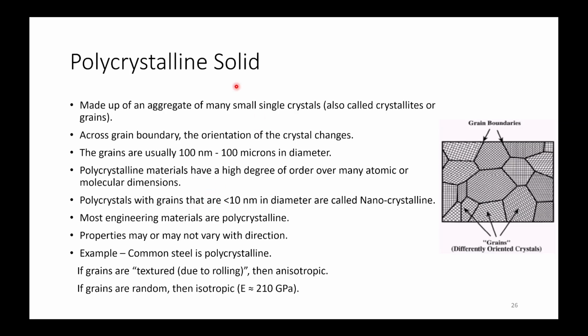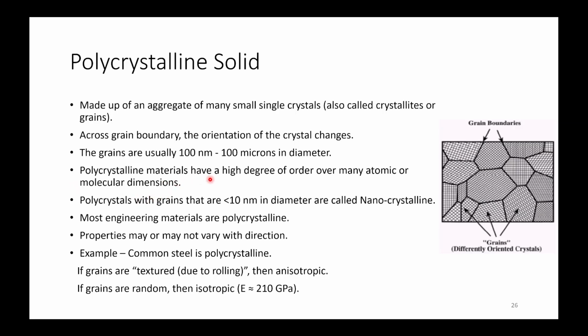Now polycrystalline solids are made up of an aggregate of many small single crystals, also called crystallites or grains. These are different grains which have different orientation, and at a grain boundary this orientation changes. Across the grain boundary the orientation of the crystal changes, and the grains are usually 100 nanometer to 100 micron in diameter. Polycrystalline materials have a high degree of order over many atomic or molecular dimensions.